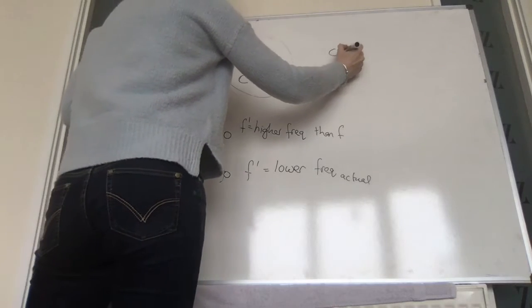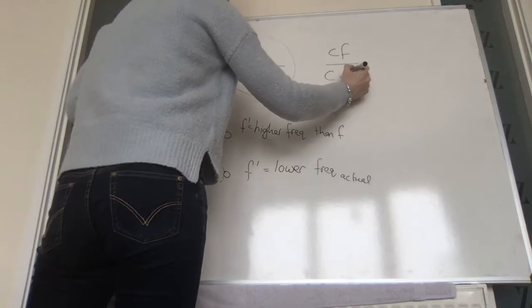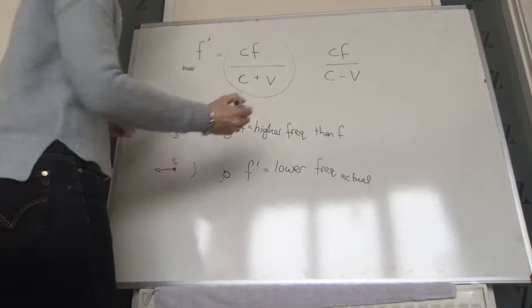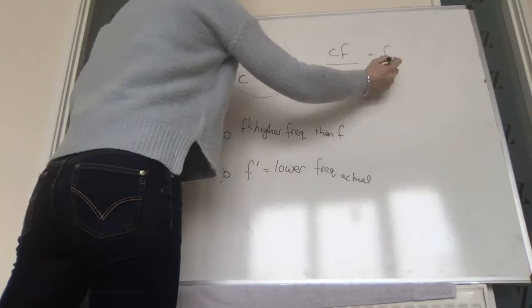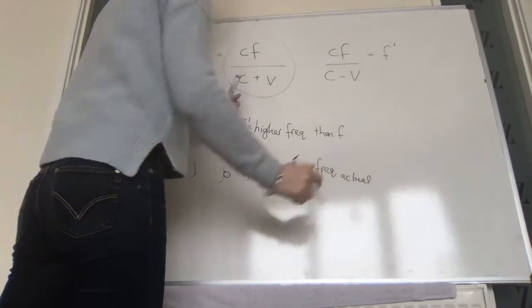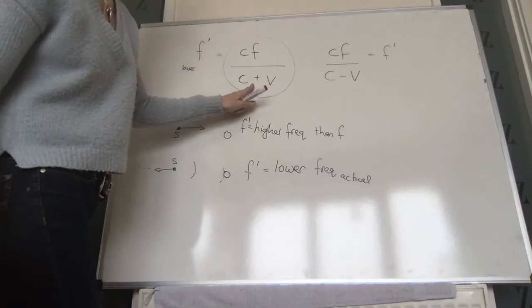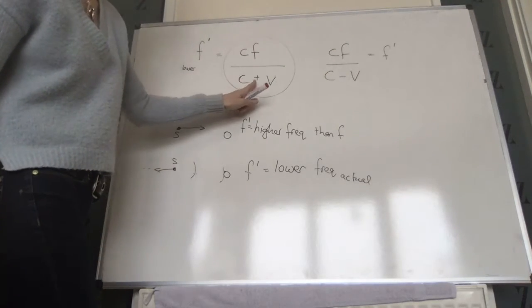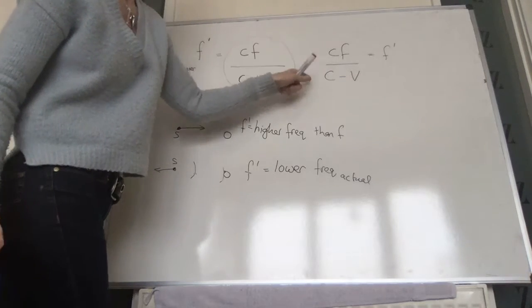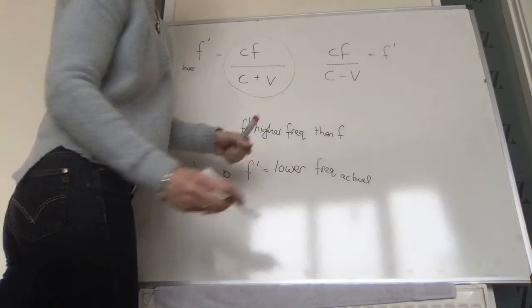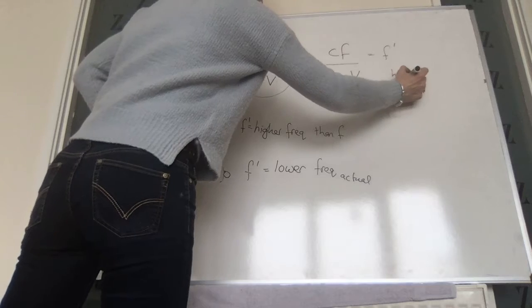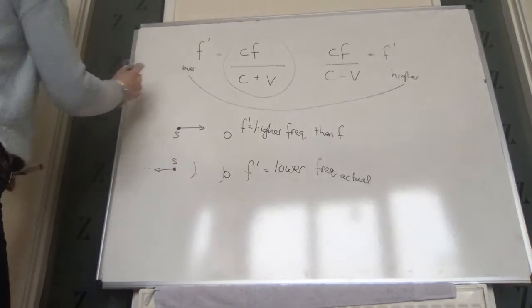If we make it a minus, CF over C minus V, that F dash is going to be divided by a smaller number than this, because C minus V will be smaller than C plus V. So this overall number will be bigger. So that is a higher number than that.